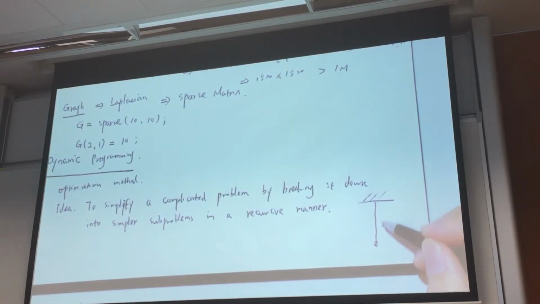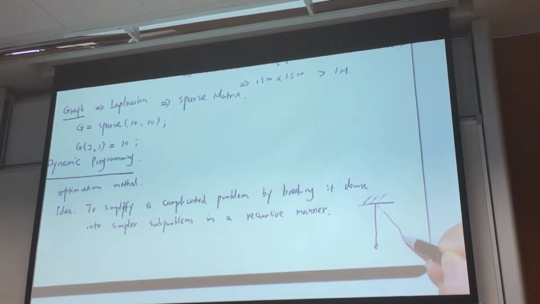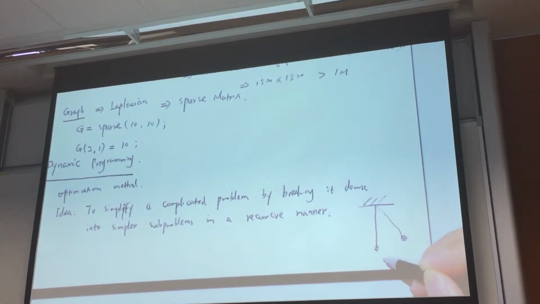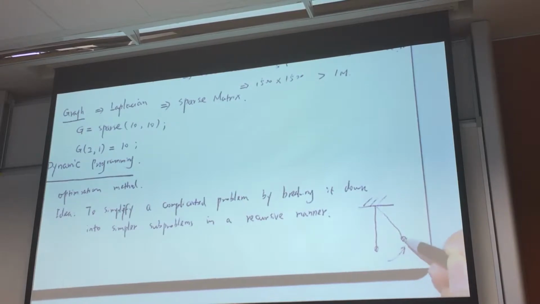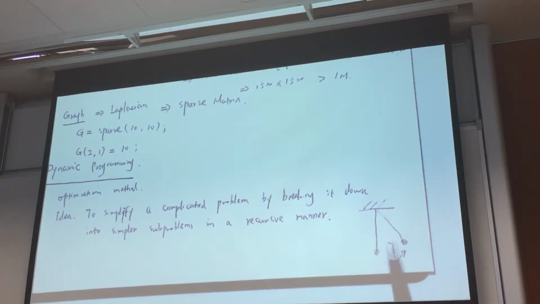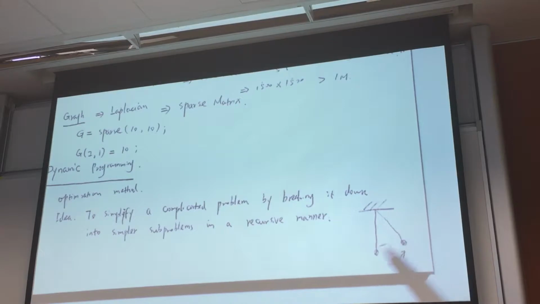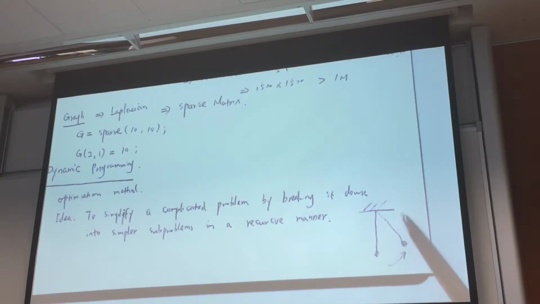The task is to rotate this pendulum to a particular location with the angular velocity of 0. In this process, we want to optimize some costs. For example, in the assignment, we want to optimize the accumulated errors in the process.